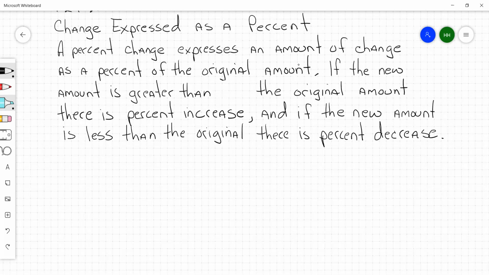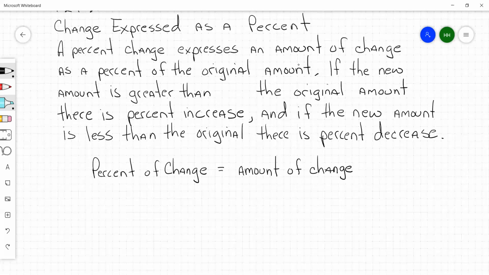So percent of change equals the amount of change divided by the original amount.